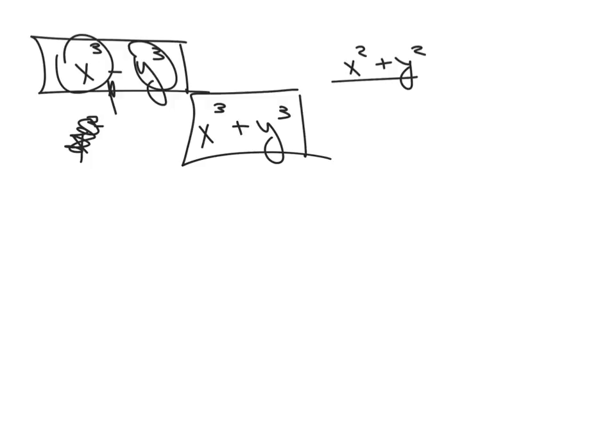Let's put the formulas up here. I'm just going to write a general form of the formula. When you can take the cubed root of the first term, plus the cubed root of the second term, we're also going to look at a formula that has a minus. So let's write the first one.